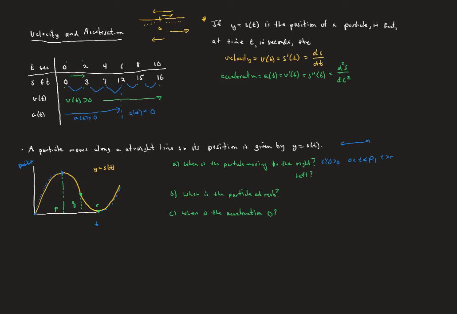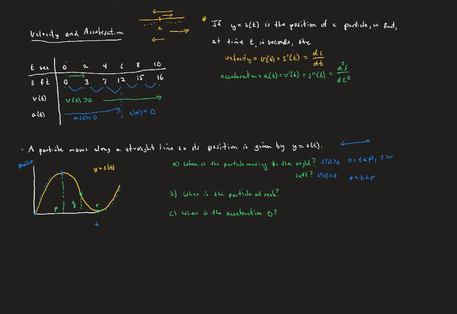It's moving left when the derivative, s prime of t, is negative. And that's when it's going to have negative slope, when it's falling from left to right. And again, we can't include the endpoints in this motion question, because at those places the velocity is 0, and so it's not moving to the right.